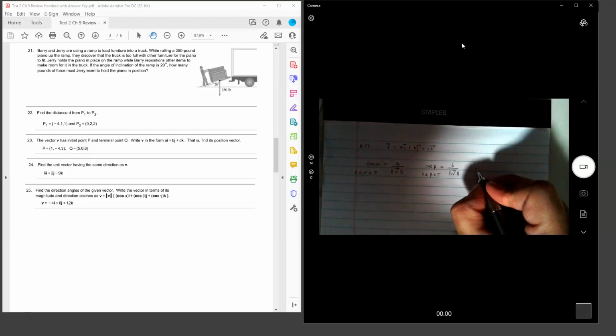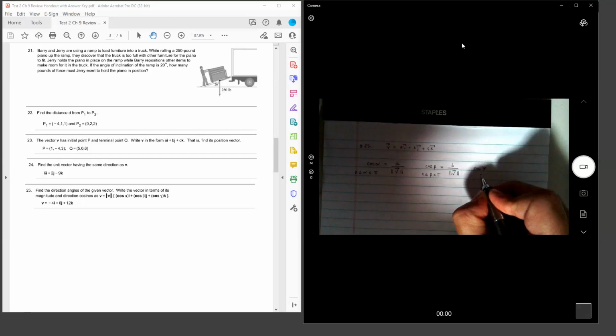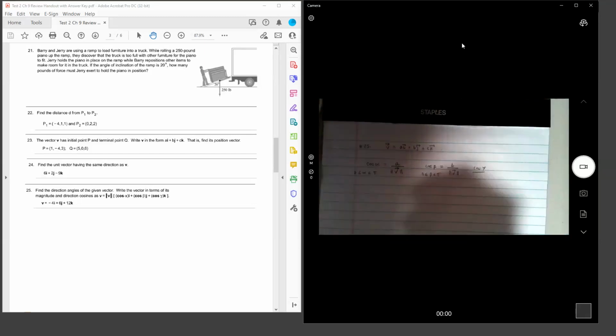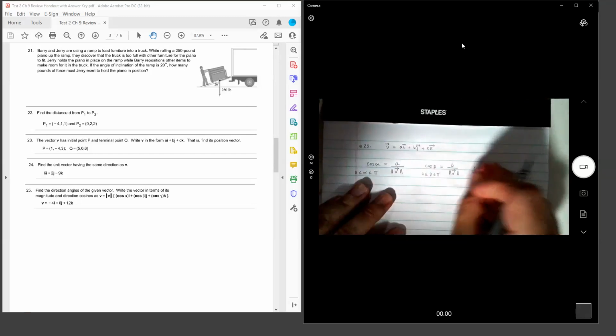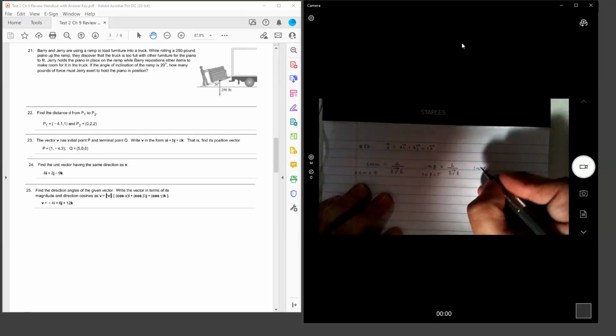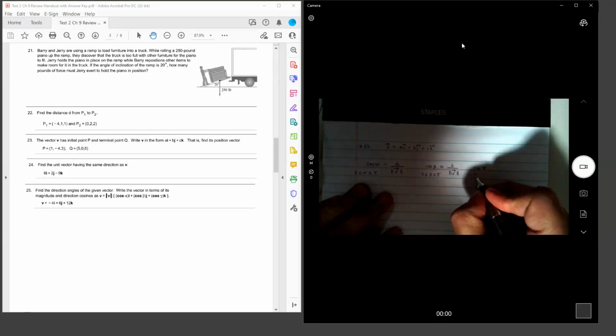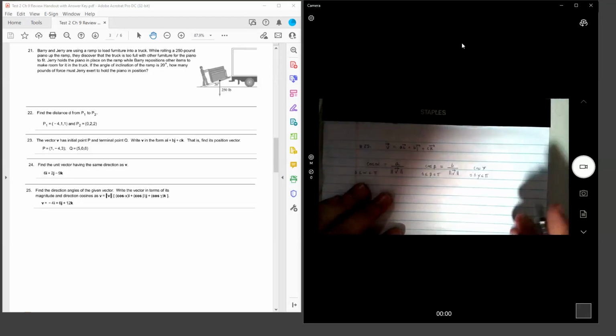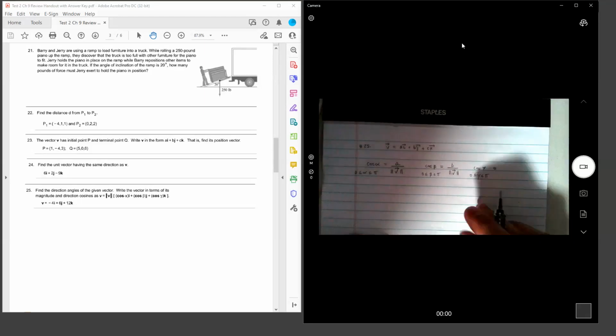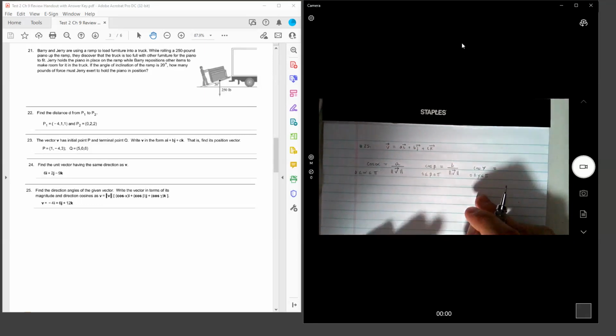And then we have the cosine of gamma, where gamma is also an angle between 0 and pi, but gamma is the angle between the vector and the z-axis.